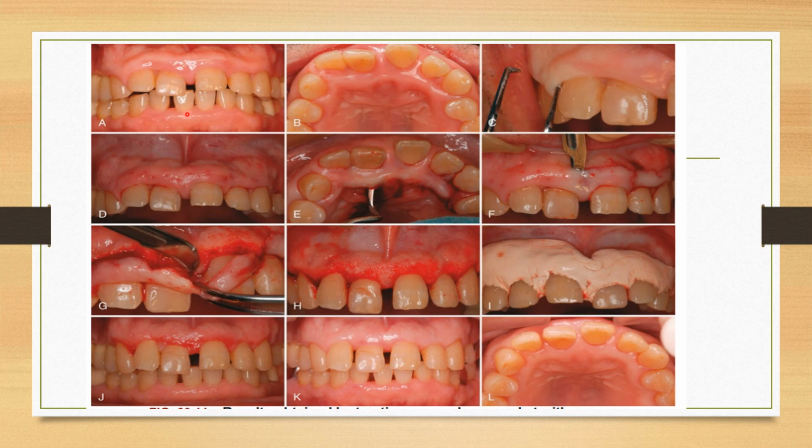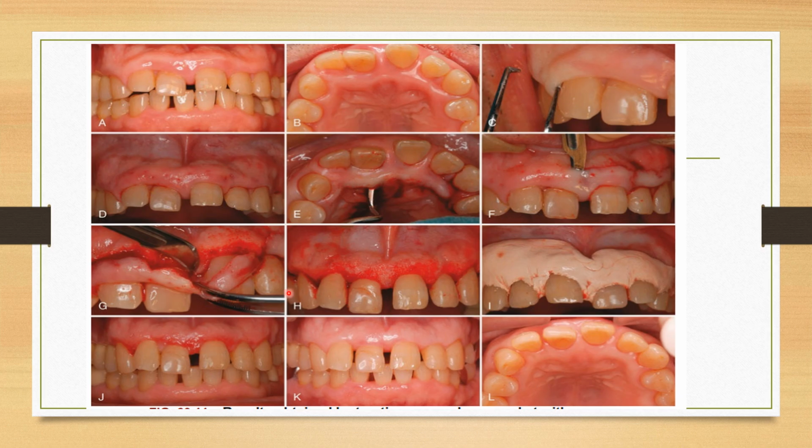So this is another case showing the pocket marker with the pseudo pocket. You can see the external bevel incision, given with a 45-degree angulation to the gingival surface. On the palatal side they have also followed the same pattern, and the tissue has been removed.